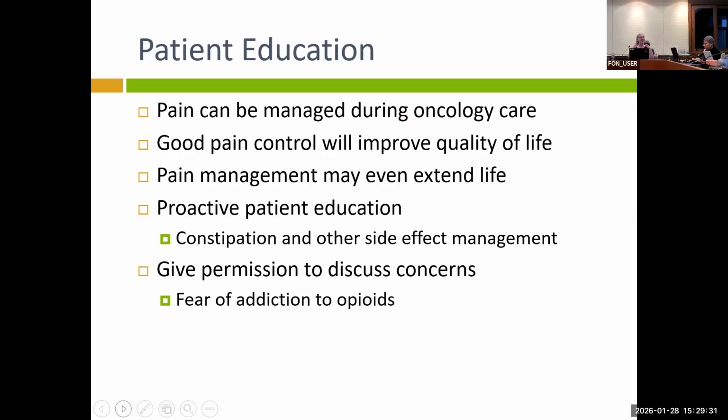And quite honestly, pain management may even, now we know, will extend life, because pain causes a great deal of stress on the body, which actually shortens life expectancy. So proactive pain education, for example, on constipation and other side effect management, is really important. And of course, we want to make sure that we give the patient permission to discuss concerns.